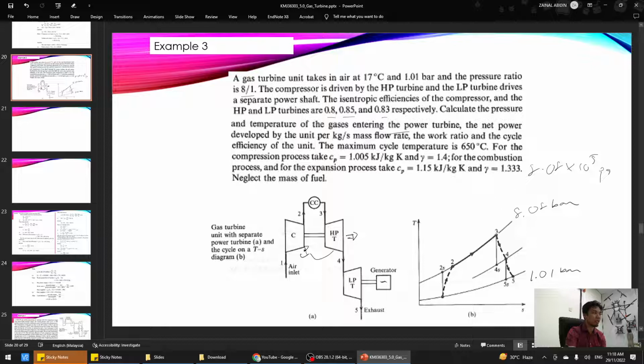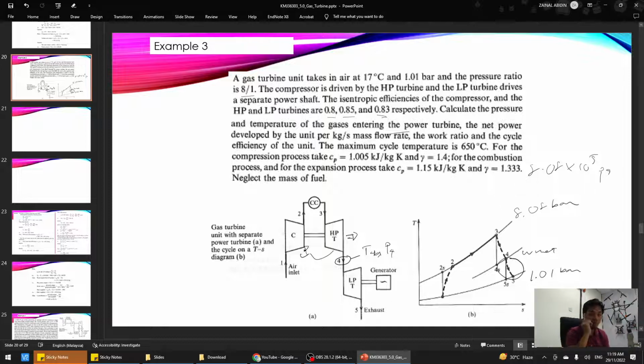Ni dia suruh cari temperature dengan pressure dekat 4, T4 dengan P4. Okay, actual lah, actual T4, sebab dia bagi isentropic efficiency kan. Dan dia suruh cari the net power, work net dia kat sini je lah. Dia tak ada input dari sini lah, dia nak work net kat sini saja. The work ratio, the cycle, and of course the rest lah.